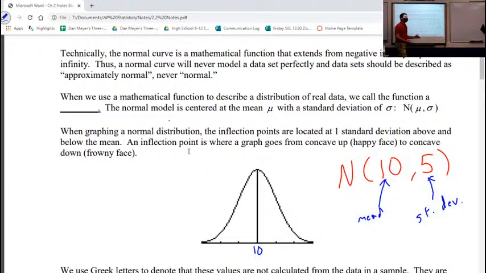And then for our normal distribution, the scale that we draw it in is going to go by standard deviations. Since the standard deviation is 5, we're going to mark this off by 5s. So here is 15, here's 20, and then if I go back, this is going to be 5 and 0.